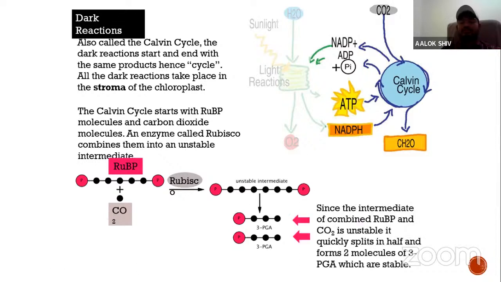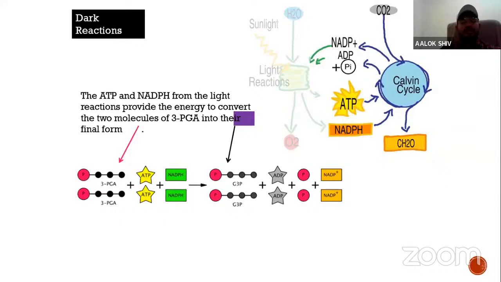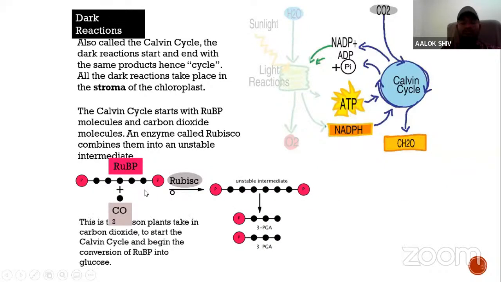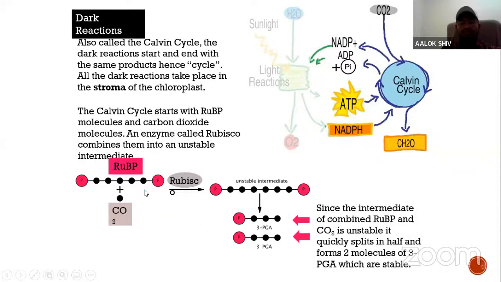So now what is with us? We have now the 3-PGA, which is the stable product obtained from the combination of RuBP and CO2 in the presence of the enzyme Rubisco.